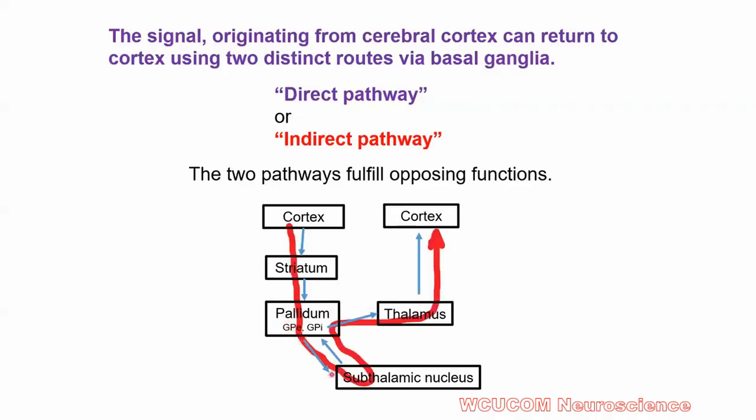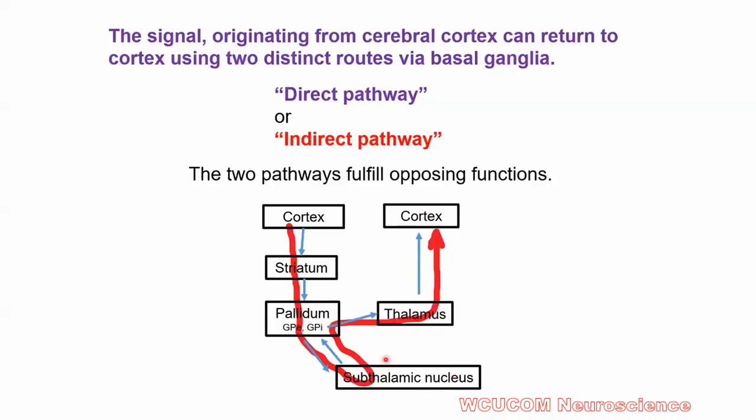Now we're using this extra station, the subthalamic nucleus. We're going back to internal division of pallidum and out to thalamus and now back to cortex, indirectly using this extra component that we identify as subthalamic nucleus to restrain movement.